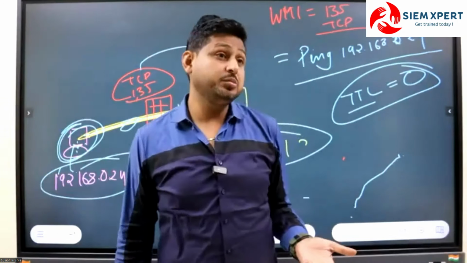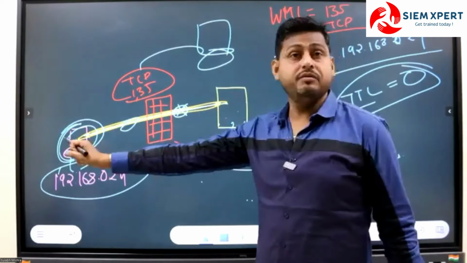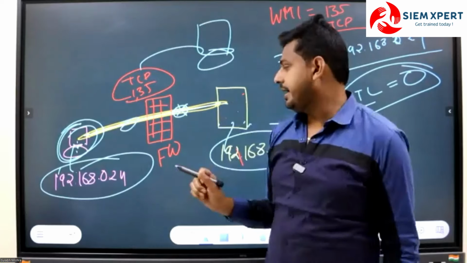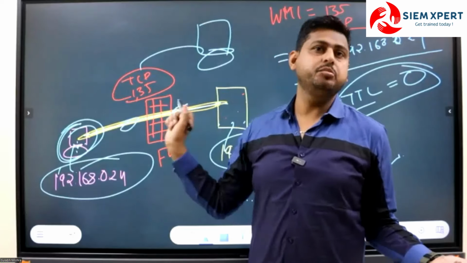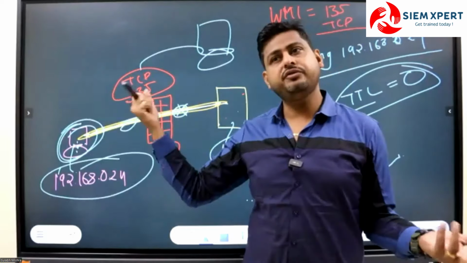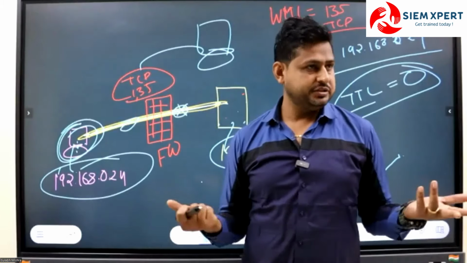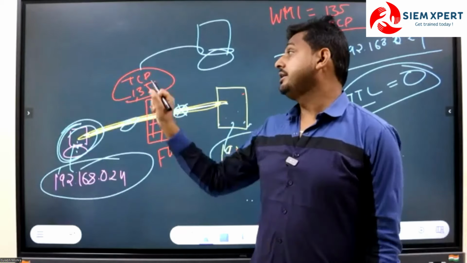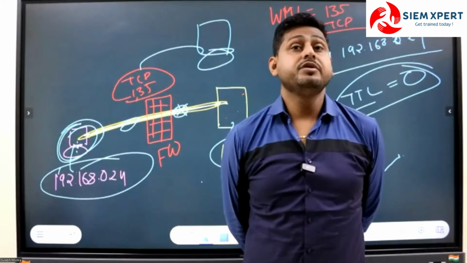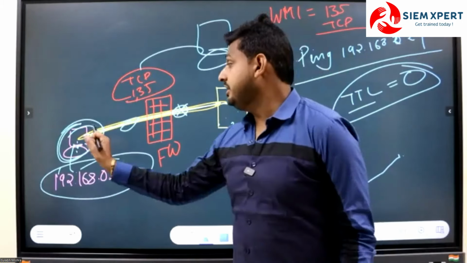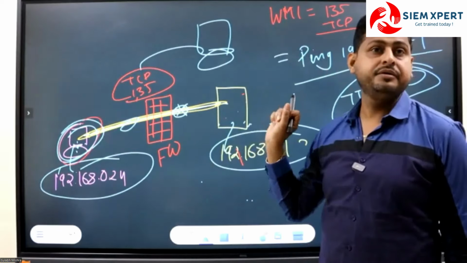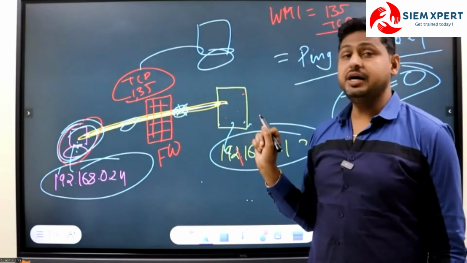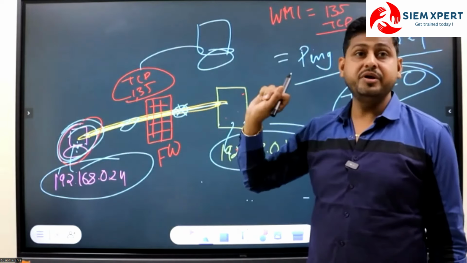There is a possibility that between your Windows machine and the heavy forwarder, there is a firewall in between and it is blocking the communication on port number 135. So we have to ensure that WMI port number TCP 135 should be open between the Windows device and the heavy forwarder, if there is a firewall in between.